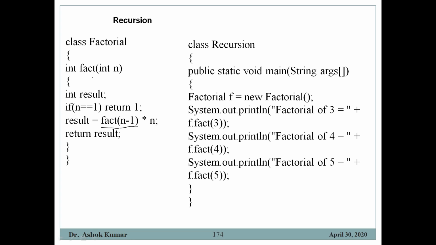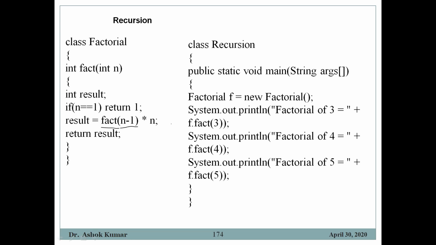There are two kinds of recursion: one is called tailed, the other is called non-tailed recursion. We are not going into that much detail because that is not in our syllabus. We will just discuss what recursion is with this problem first.